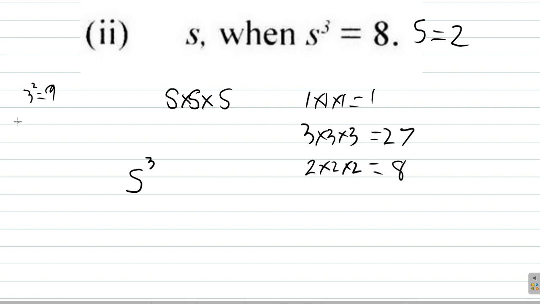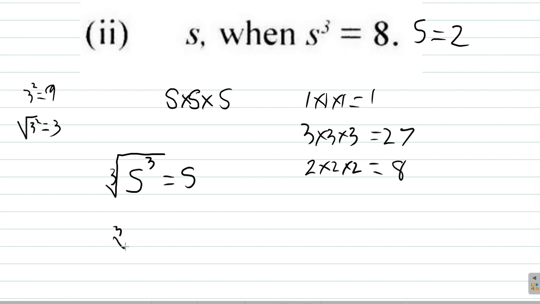You have to find the square root. So the square root of 3 squared equals 3. Now in this case, you have x to the power 3, x cubed, and you want x. So you're going to have to find the cube root of x cubed. The cube root of x cubed gives you x.